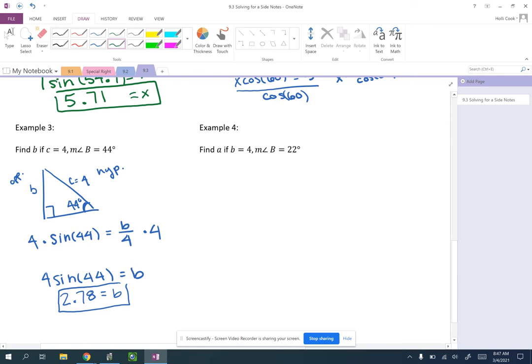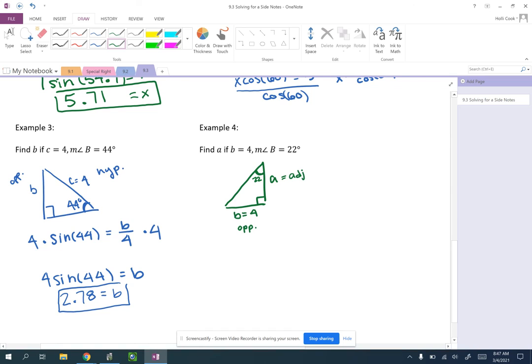Okay, so if we draw a triangle, and again, it doesn't matter which way your triangle's facing, it can face either way. If we want to find side A, so let's call this side A. B is 4, and then angle B has to be right across from B, so that's going to be 22. So B is our opposite side, and A is our adjacent side.